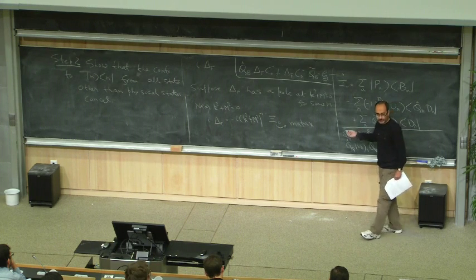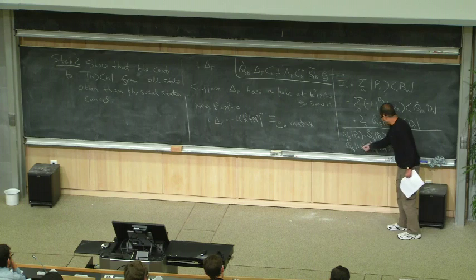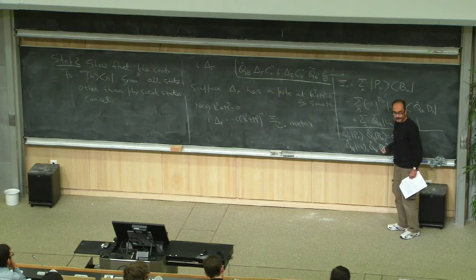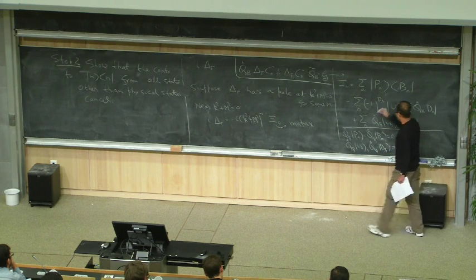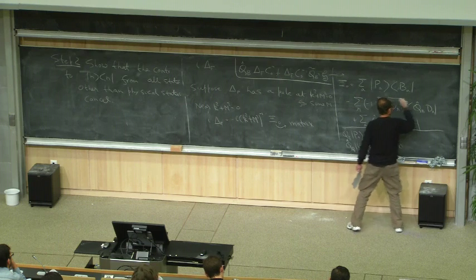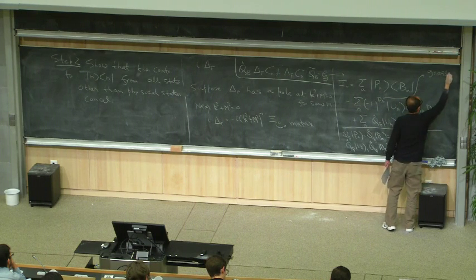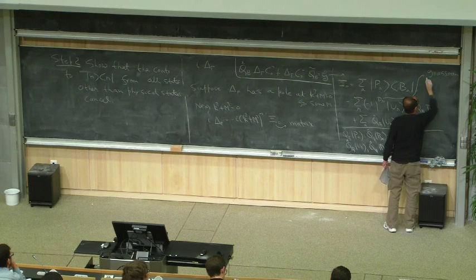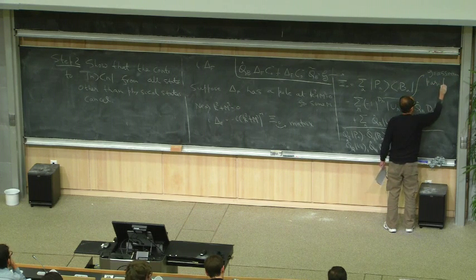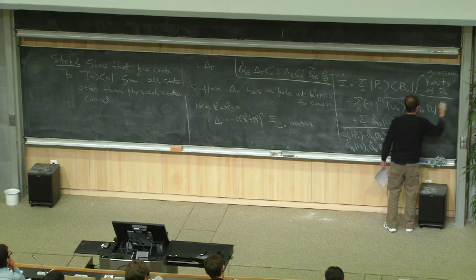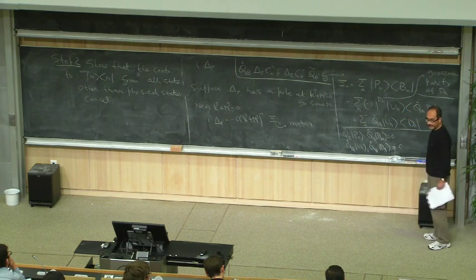This was the physical state condition. These are not physical states, ur and dr. And this notation minus 1 to the dr is just the Grassmann parity of dr. So, it is minus 1 if dr is odd and it is plus 1 if dr is even.